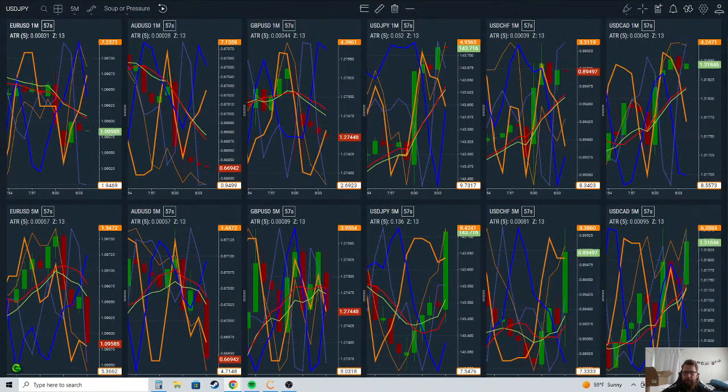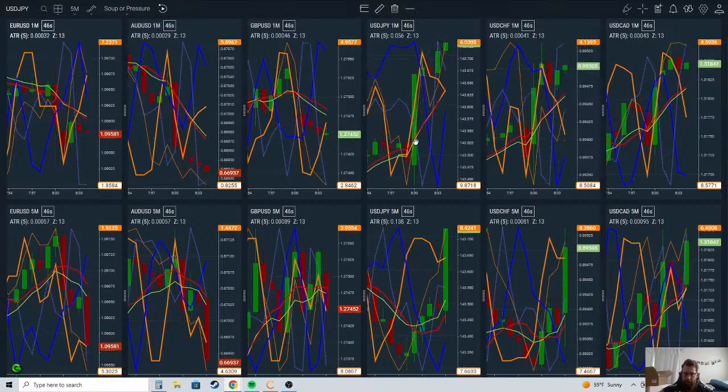It's always a little bit tough to trade after these crazy big short-lived moves, just because it kind of messes with the indicators a little bit. I mean, this is still going.